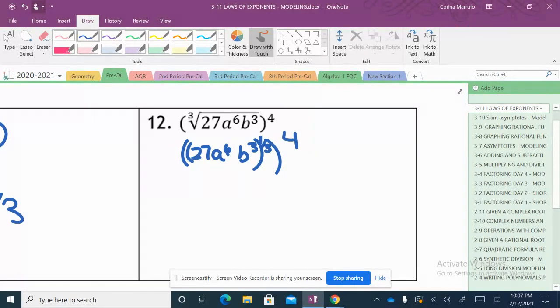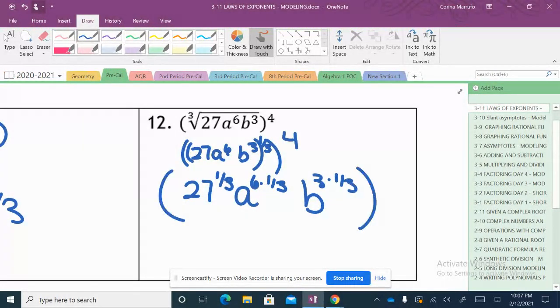Okay, so I'm going to do the part inside the parentheses first. So I'm going to put each one to the 1/3. So 27 to the 1/3. A has a 6th power, so we're going to have to multiply. Remember, we have a power to a power, we multiply. And then b to the 3rd times 1/3. And don't forget, all of this is to the 4th. But we'll wait for us to simplify this first.